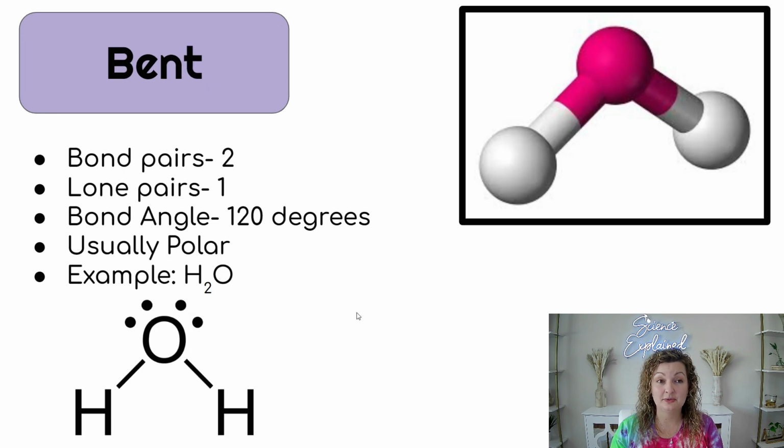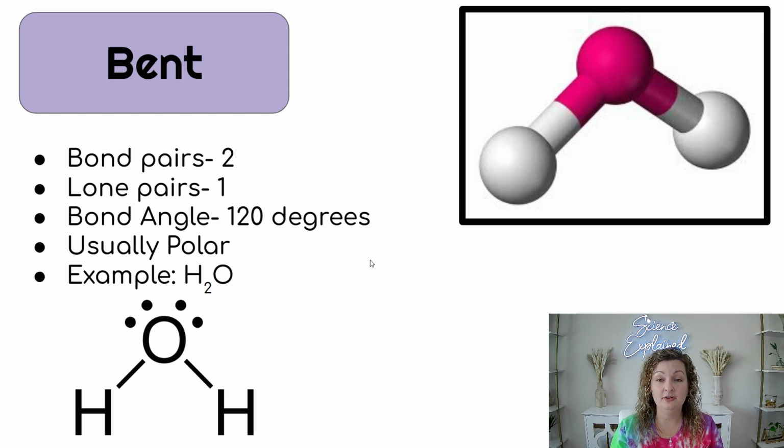Let's look at the next one. This is bent. Now, this really looks like we took linear and we just kind of bent it straight down the middle, and that's pretty much what happened here, okay? So we still have our 2 bonded pairs, but now we have 1 lone pair going on. You can have more than that in a bent molecule, but at least 1 lone pair.